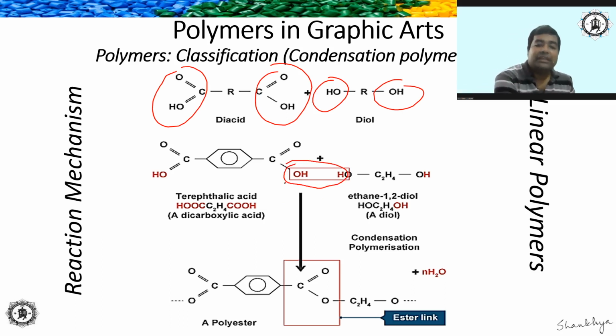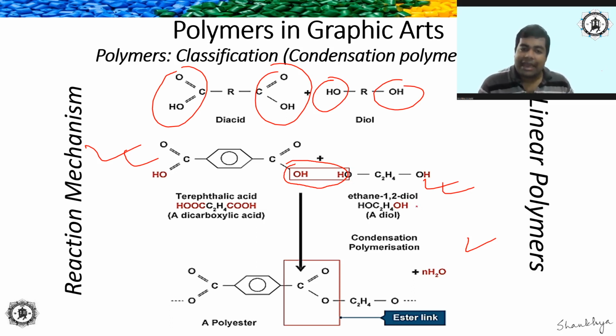Once the water molecule gets removed, this diacid and diol combine with each other, and similarly other molecules also react with each other to remove water or some other small molecule, to finally form this particular polymer, where the polymeric link is here.